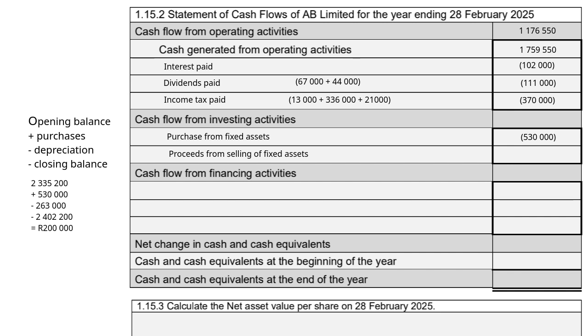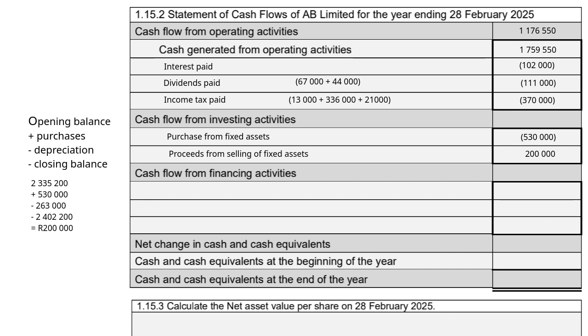We add the 530,000 assets purchased, we minus the 263,000 depreciation, and we minus our closing balance of 2,402,200 Rand to give you an amount of 200,000 Rand. So our proceeds from selling of fixed assets is 200,000 out of brackets because it's an inflow of cash.